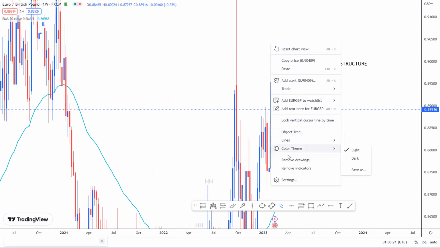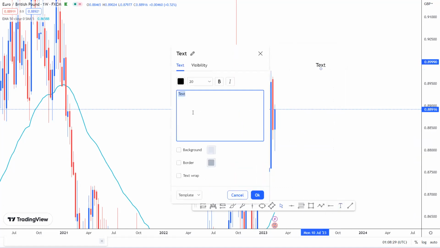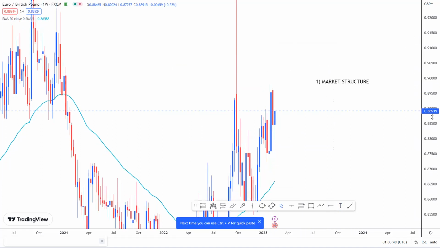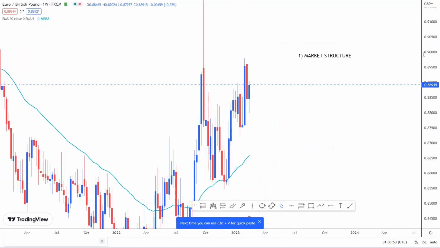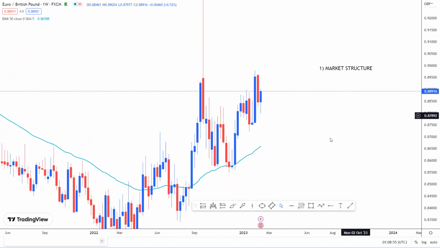Let me quickly clear up the charts. Like I said, the first thing you need to understand is the market structure. From the weekly chart on Euro GBP, you can clearly see we are very bullish.